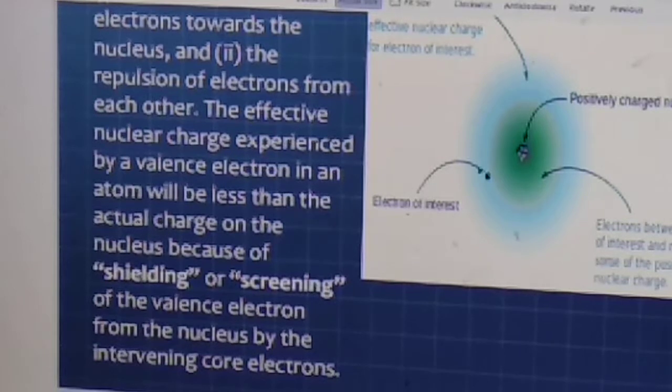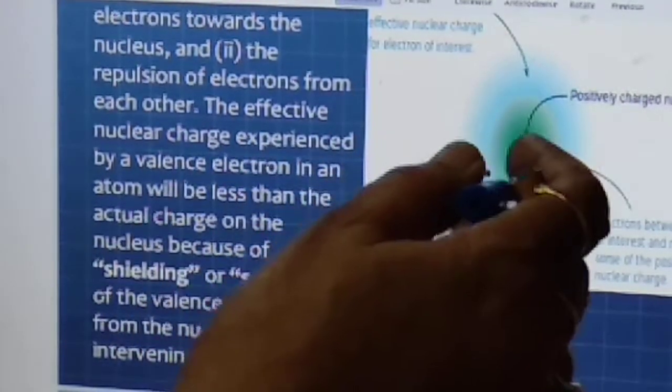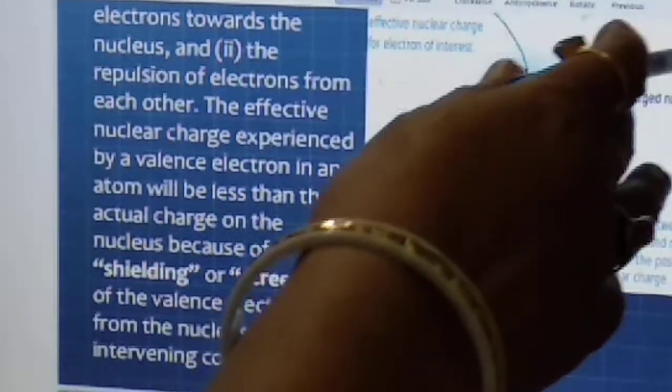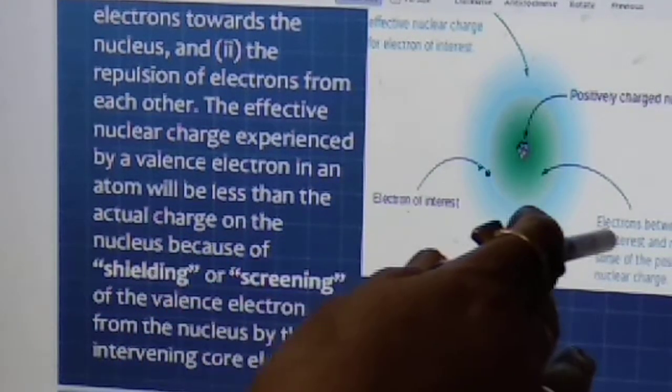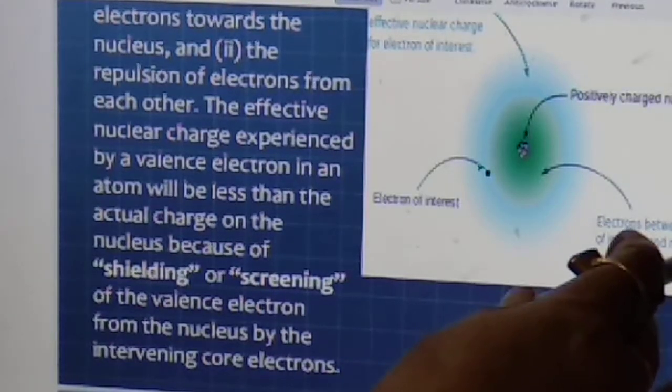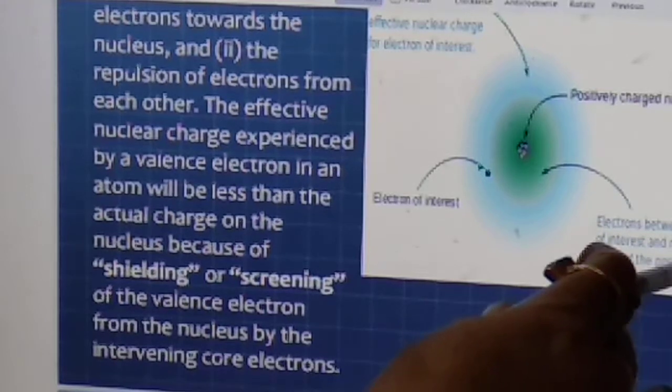So students, the attraction by the nucleus to the valence shell electrons is reduced by the repulsive force from the inner shell electrons. So the net effect of the two forces: the attractive force from the positively charged nucleus, and the electrons between the electrons of interest and the nucleus cancel.